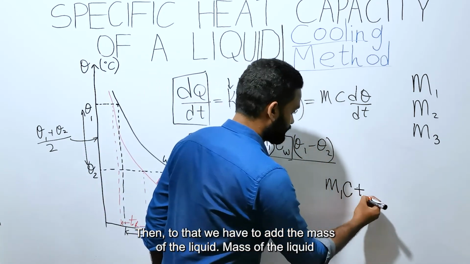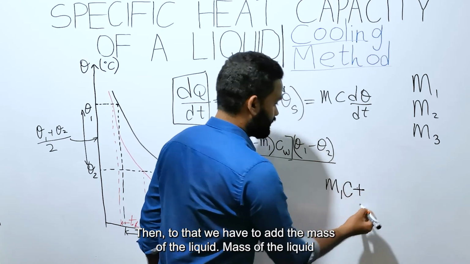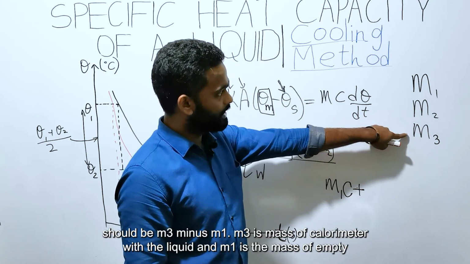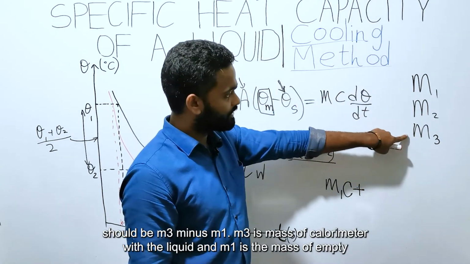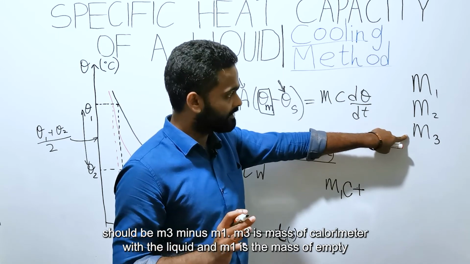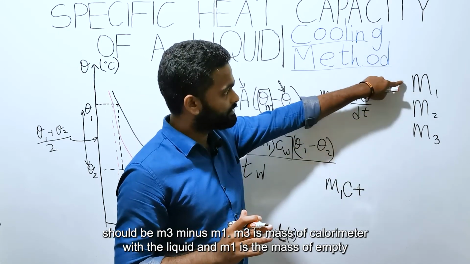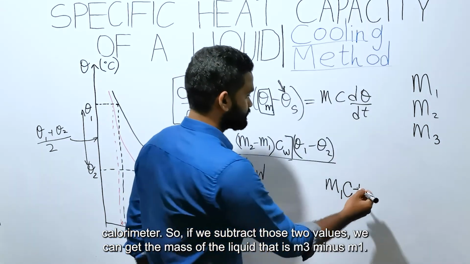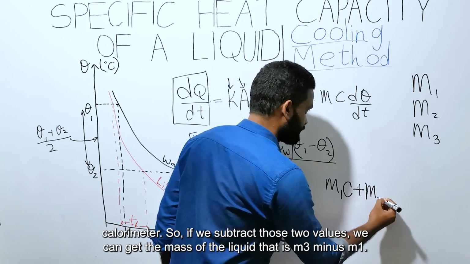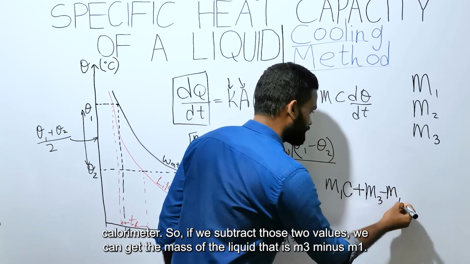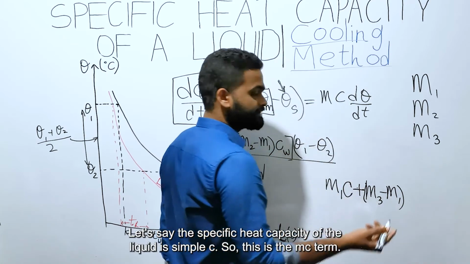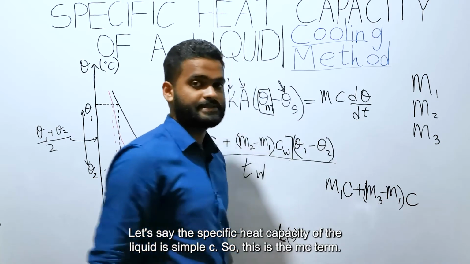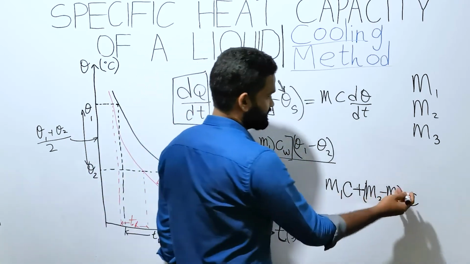Then for that we have the mass of the liquid. Mass of the liquid should be M3 minus M1. M3 is mass of calorimeter with the liquid, and M1 is the mass of empty calorimeter. So if we subtract those two values, we can get the mass of the liquid. Let's say the specific heat capacity of the liquid is simple c. So this is the mc term.